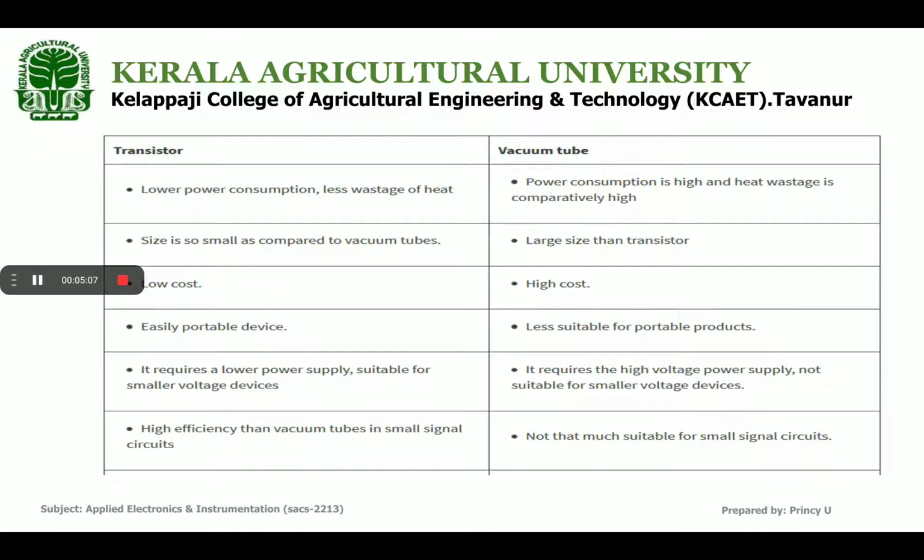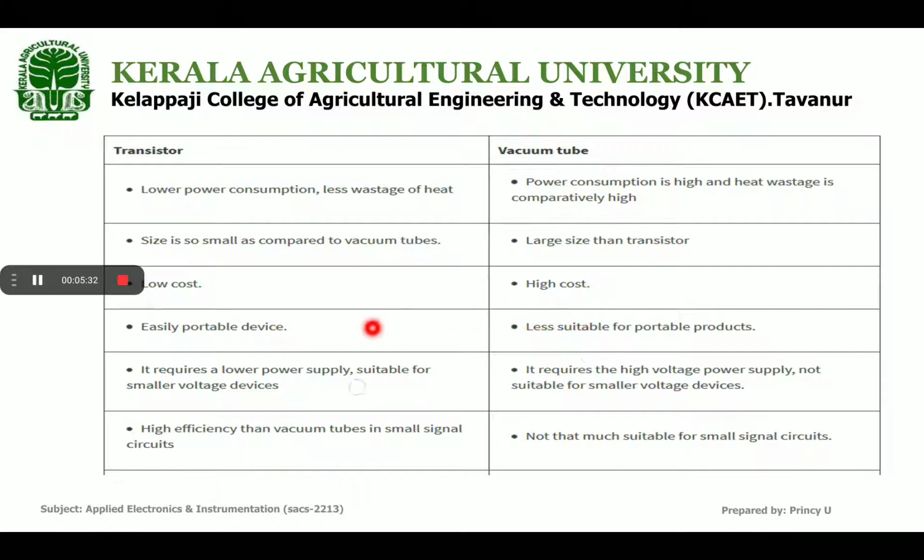Transistors are smaller than vacuum tubes, and there is no filament, so there is no need of heating power. It can be operated in any position, and it has low cost as compared to vacuum tubes. It is an easily portable, lightweight device.